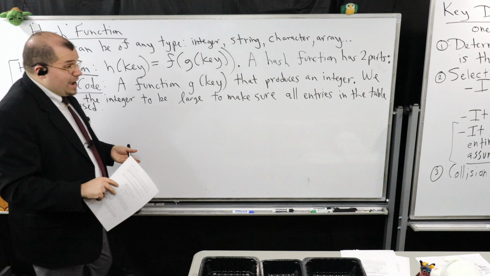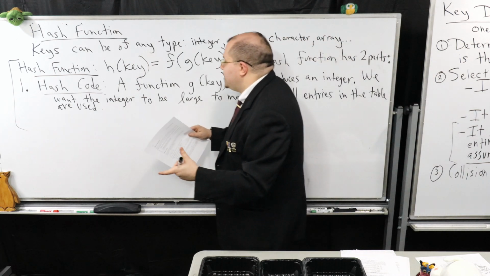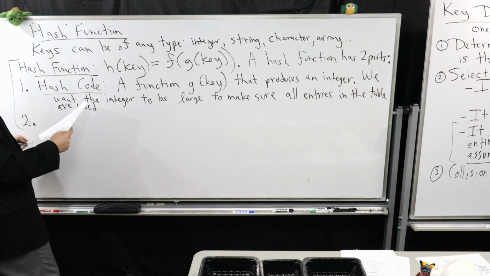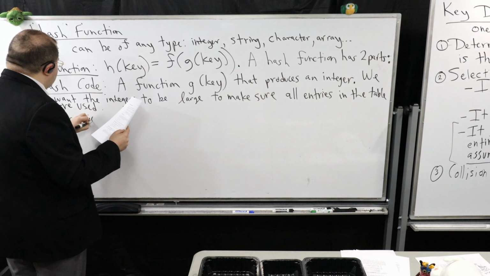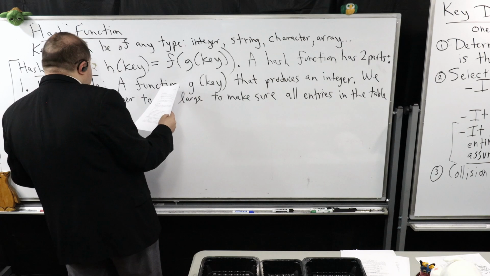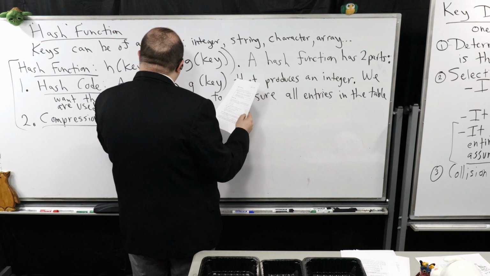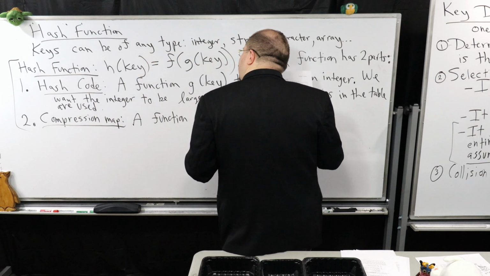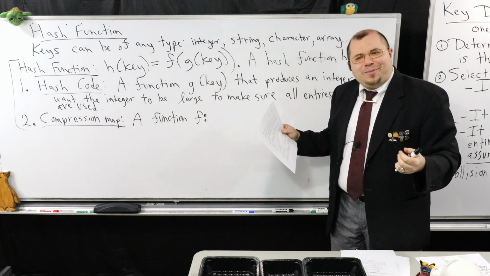Often when people define hash functions, they take the two parts together. The first part is the hash code, so it spits out an integer based on the key. The second one is the so-called compression map. To get a little bit fancy, it's a function f, and I'm going to use some mapping notation. I'll explain it in a moment because I like to expose you to things every once in a while.